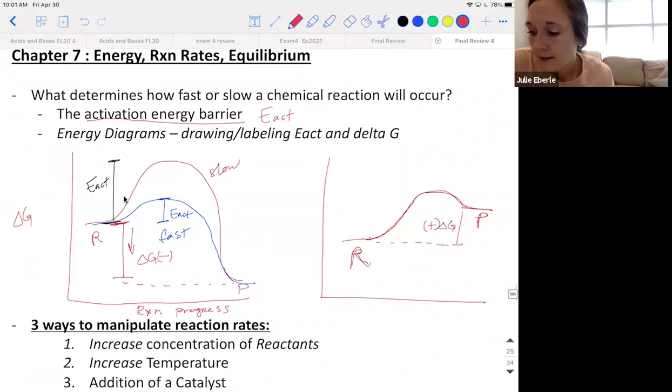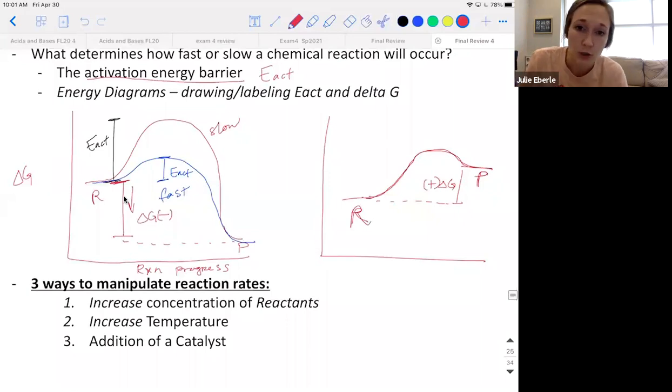All right. We talked about efficient collisions, molecules colliding the right way with sufficient energy, all determines the reaction rate. But then we said there's ways you can manipulate it. You can force reactions to go faster or slower. If you increase the concentration of the reactants, if you increase the temperature, or if you add a catalyst, these three things will increase the rate.